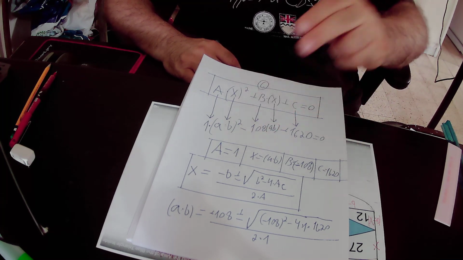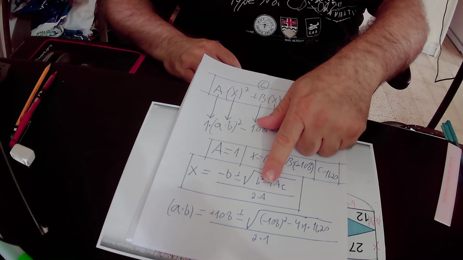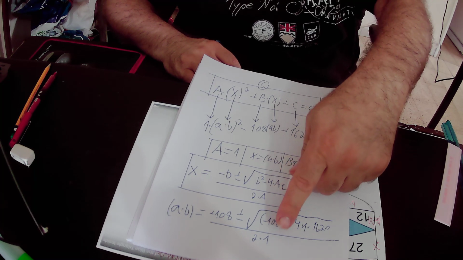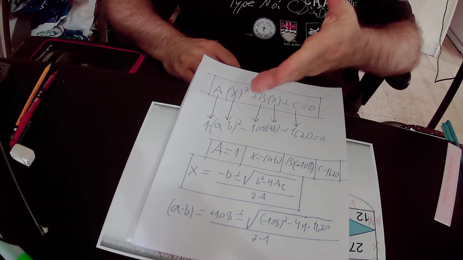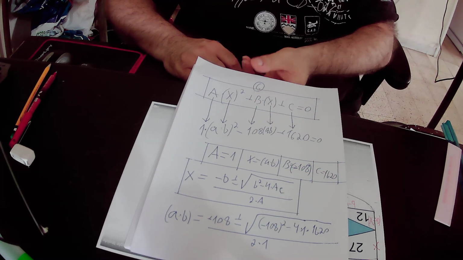So we will do here the all divided by 2 times a, that is 2 times 1 because a equals 1. We will do here the calculations.